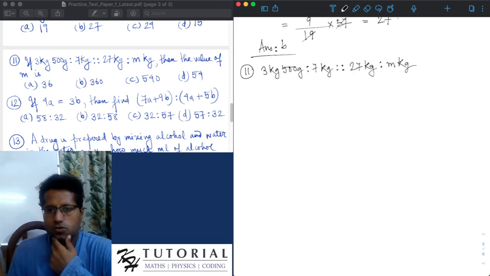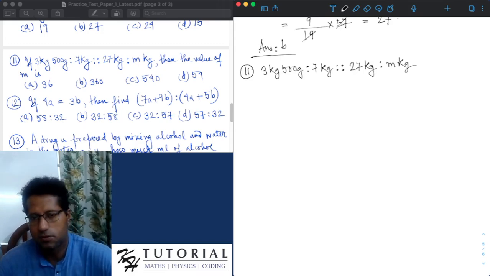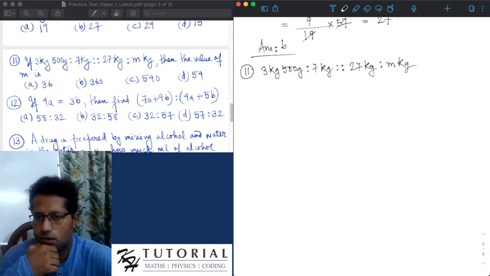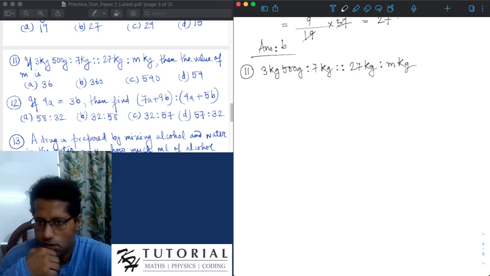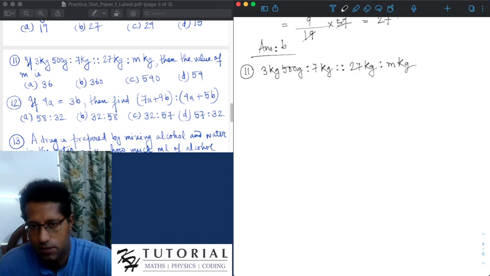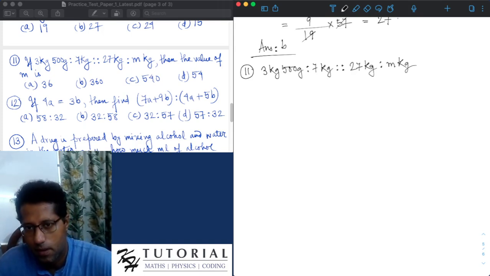This proportion information is given. So to solve this kind of problem, you see the units of all the quantities should be the same. No, they are not the same, but the first quantity is given in kg and gram, whereas the other three quantities are given in kg. So we have to first convert the first quantity, that is 3 kg 500 gram, into gram.